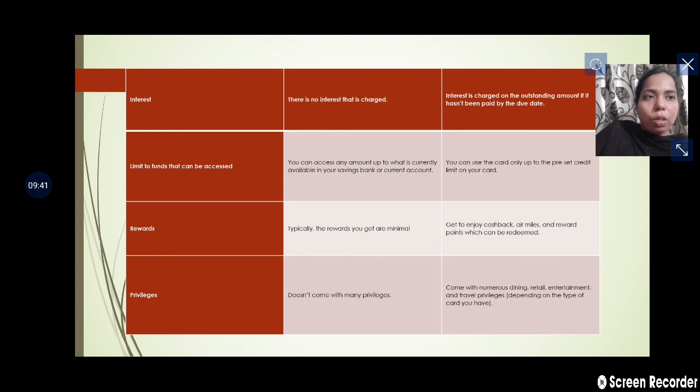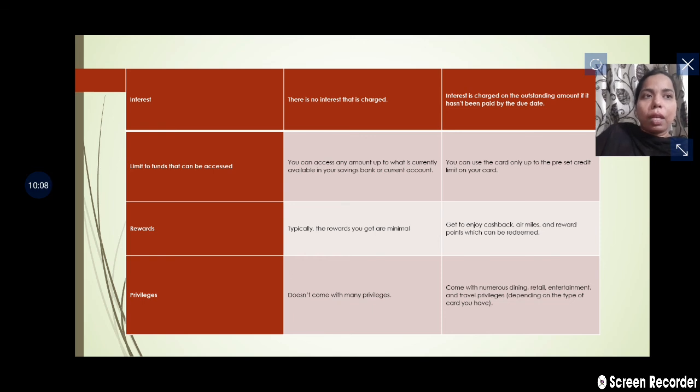Rewards are minimum in case of the debit card, but in the case of the credit card, the maximum rewards are there, and these rewards are related with cashback services, and these reward points are redeemed for further use. The privileges are less with the debit card, or we can say it does not have many privileges.